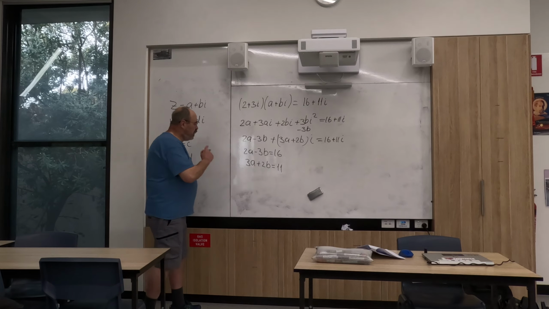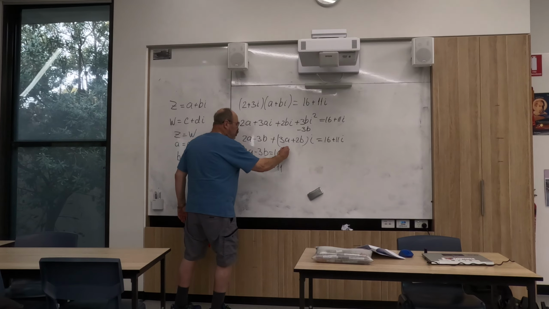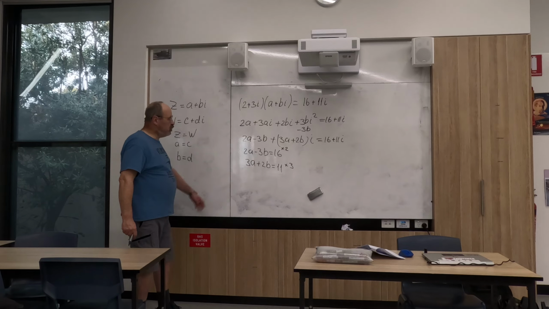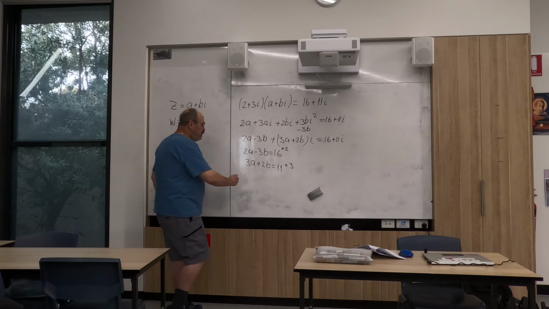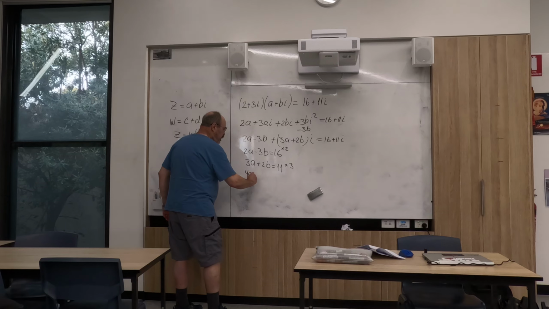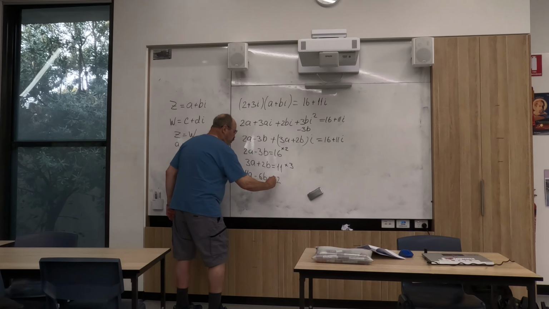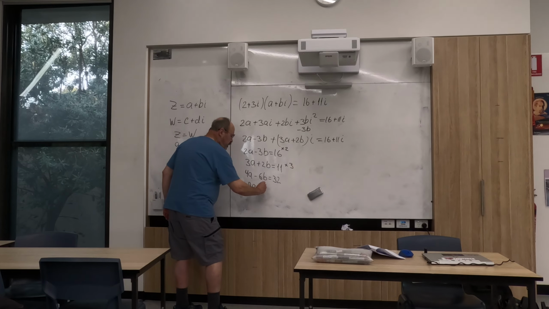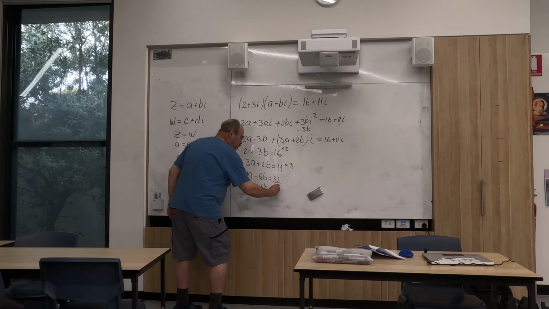Let's multiply the first equation by 2 and the second equation by 3 to equalize the coefficients of b. So we have 4a minus 6b equals 32, and 9a plus 6b equals 33.